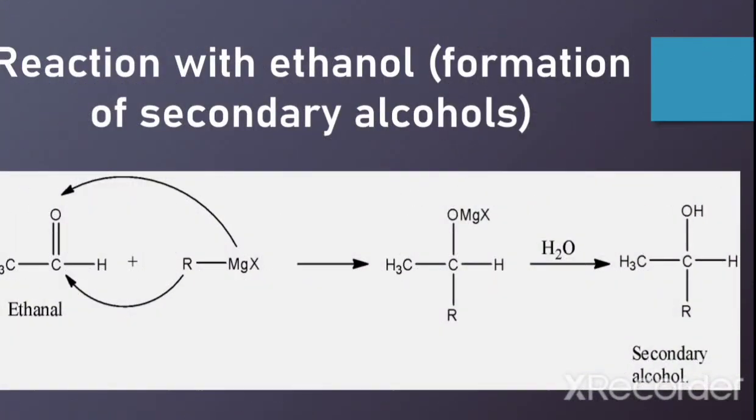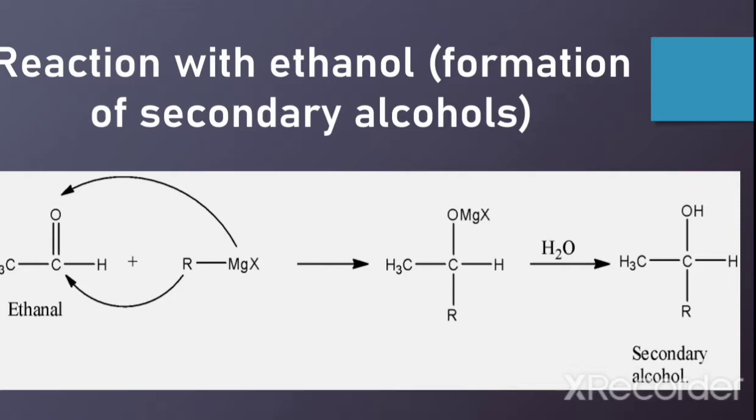So we will see the reaction with ethanol, and as a result such secondary alcohols are formed. Basically, when the ethanol reacts with the Grignard reagent, the alkyl group from the Grignard reagent will attach to the carbon that is directly attached to the oxygen with double bond.